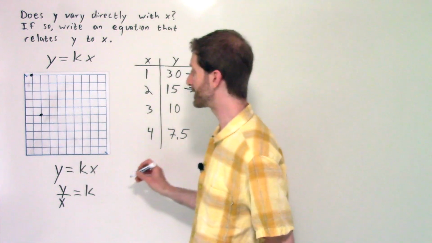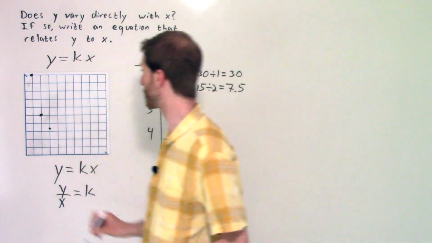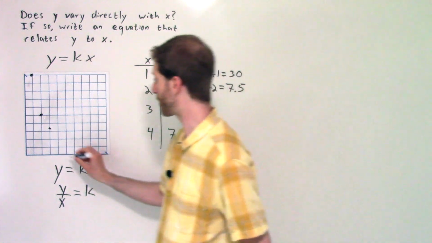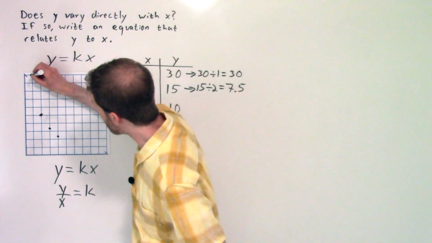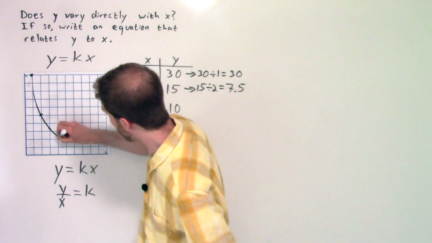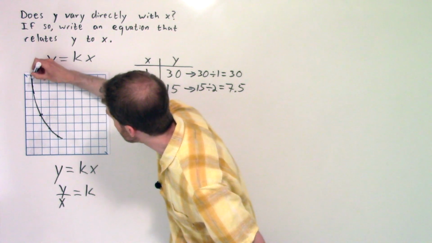And then (3, 10), so that's going to be over 3 and up 10 is roughly here. And then (4, 7.5), so that's going to be roughly right here. We see that this is more curved than anything, and I'll draw in the rest of that curve right there, just sketching it in.